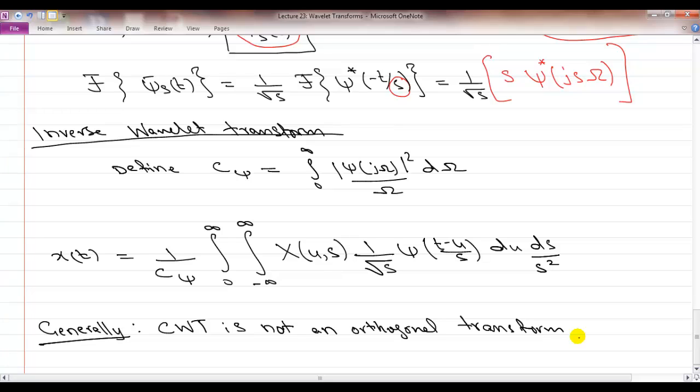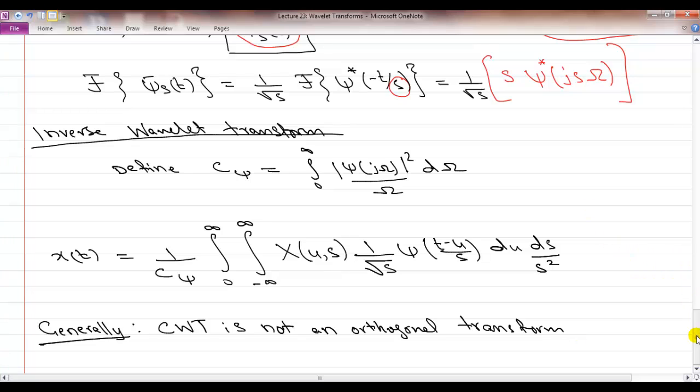But there are still some frequencies left, from omega naught over s naught to 0, that have been uncovered. So if you do not want to use all possible scales, you need some sort of a correction term to cover all the frequencies that are left.